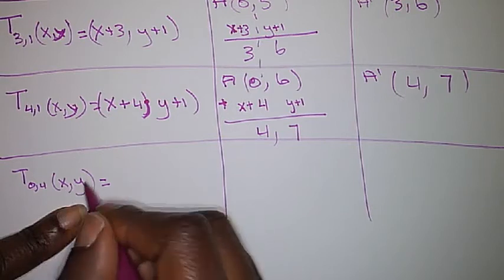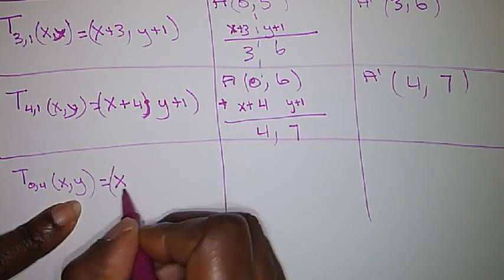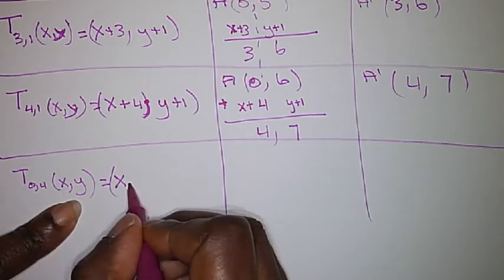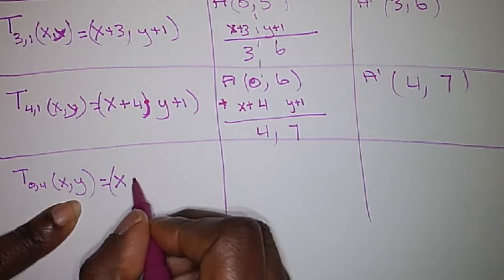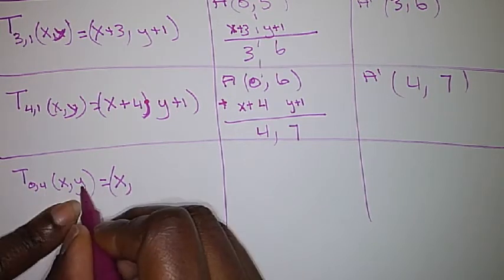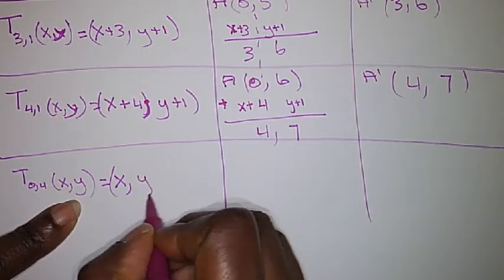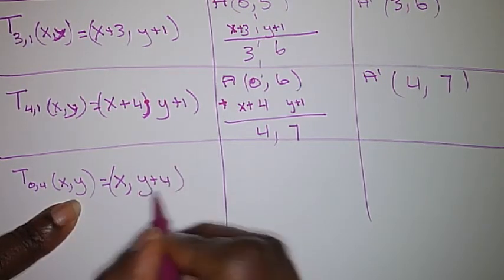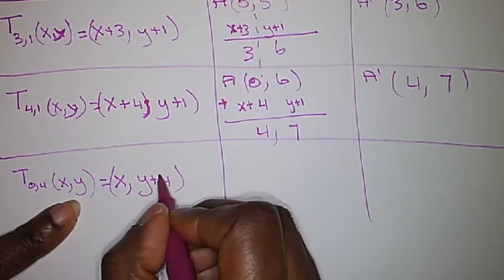So this tells me my X, I need to shift my X 0 places. So I don't really have to add 0. So I'm just going to leave it like that. And my Y, it's telling me I need to add 4 to my Y coordinate. So this is how I write it.